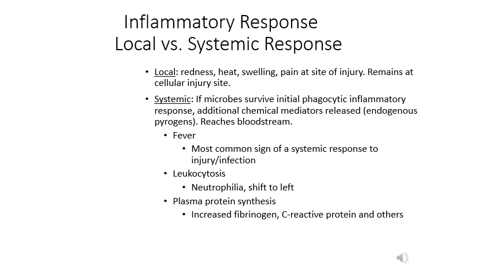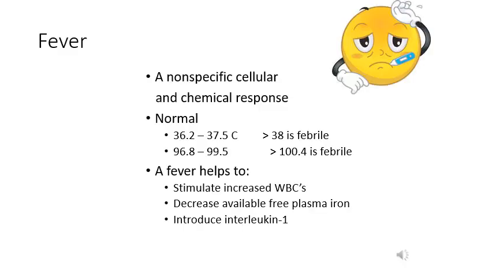And then the plasma protein synthesis, again remembering that we have increased fibrin, blood clotting, etc., that is going to be helping during that localized inflammatory response. A fever is our body's best natural defense against an invader that may be susceptible to warmth.